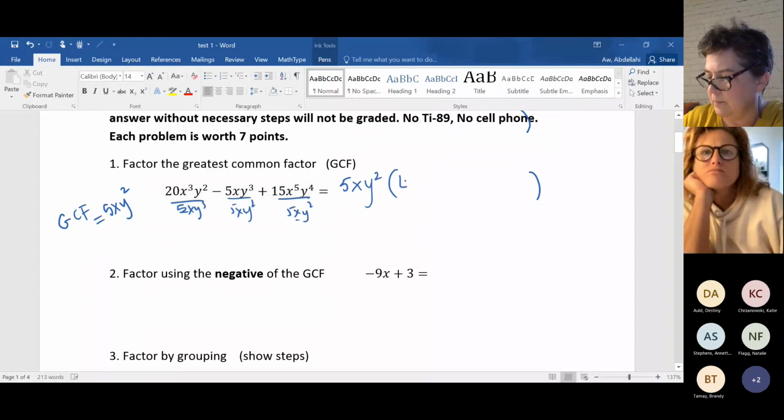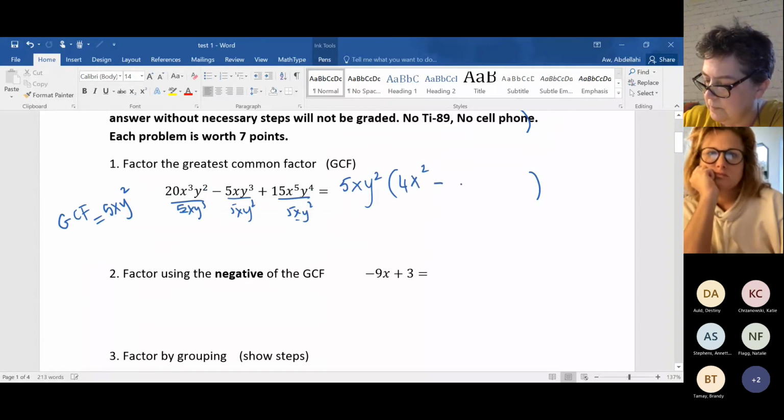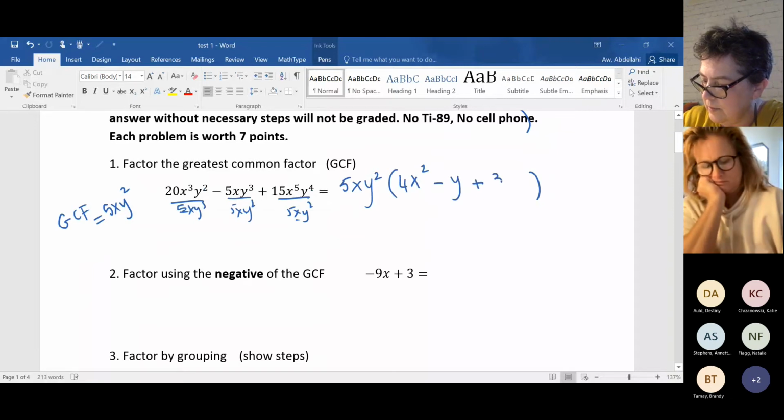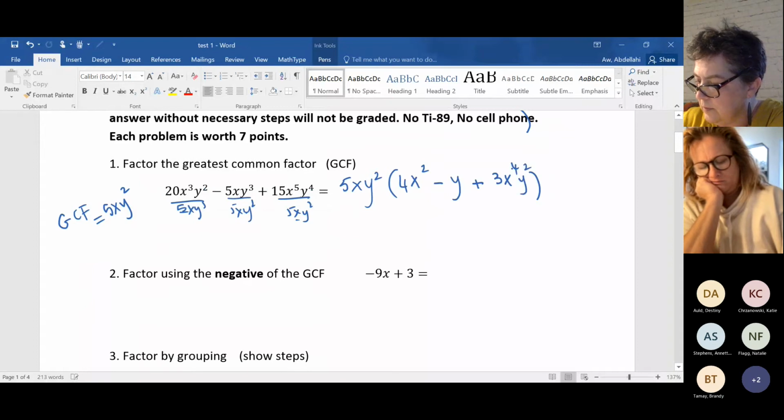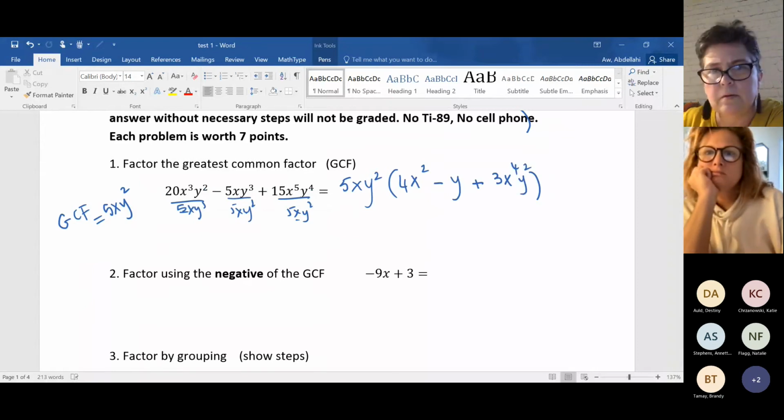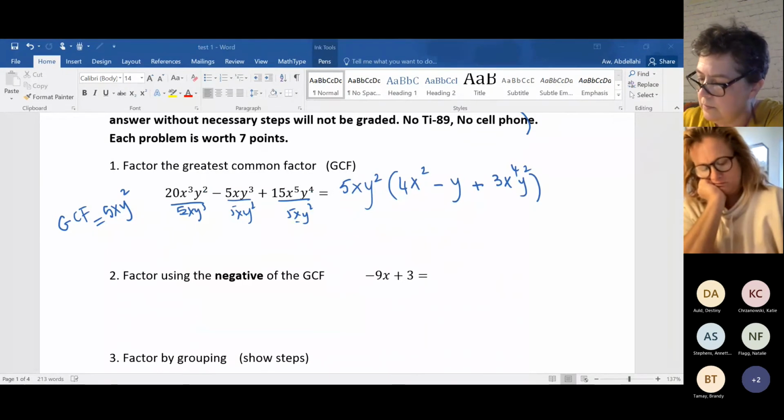This will give me 4x squared, minus y, plus 3x to the 4th y squared. Okay? So that is the GCF.